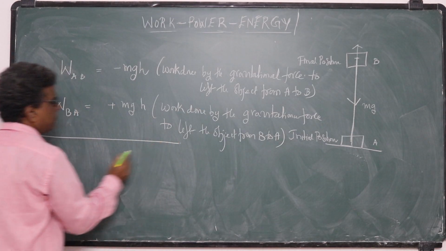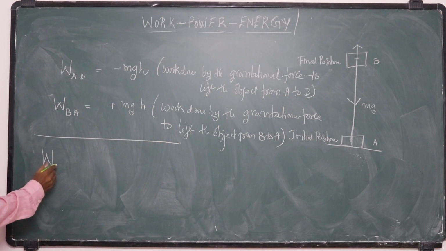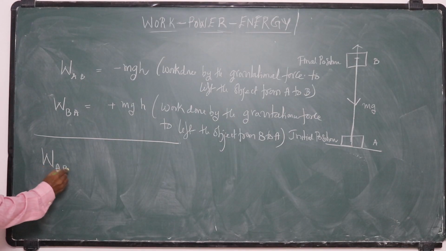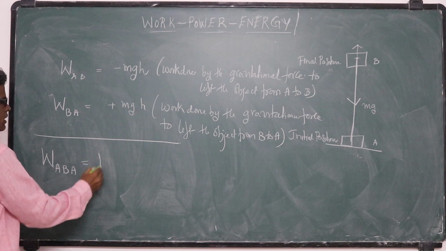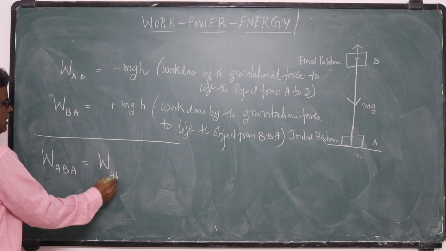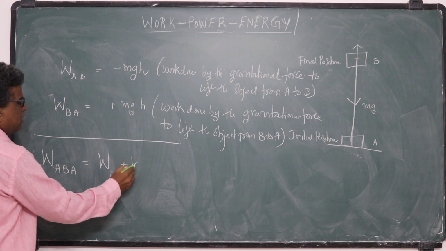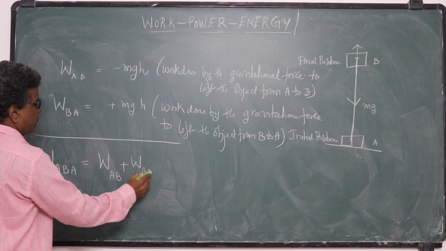What is the total work done? Work done to bring A to B and B to A. So that is work done to lift A to B plus work done from B to A.